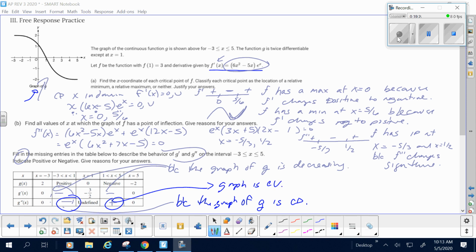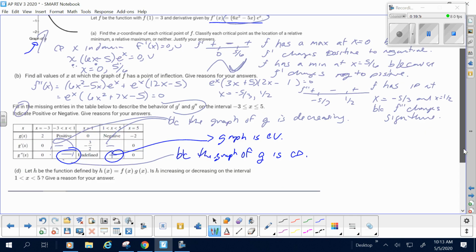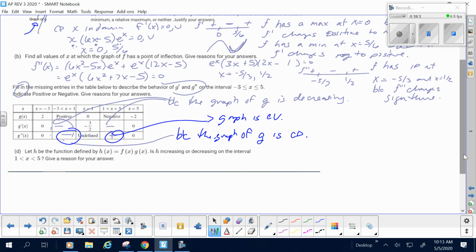All right. And last but not least, this was the only one that I thought was kind of rough. I had to do some thinking on one of the pieces. H is defined as the product of F and G. Is H increasing or decreasing? Well, I need to know, is H prime positive or negative?